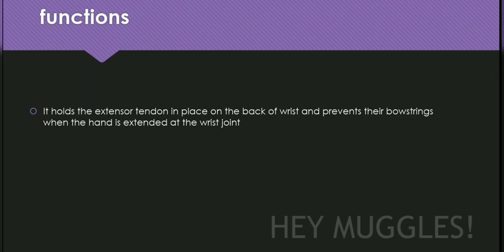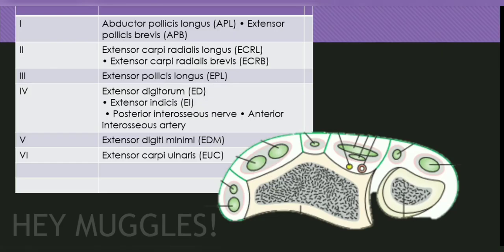The back of the wrist contains the extensors and the front of your wrist contains the flexors. So extensor retinaculum, being present on the posterior aspect of the wrist, holds the extensor tendons in place on the back of your wrist. The space deep to your extensor retinaculum has been divided into 6 compartments.